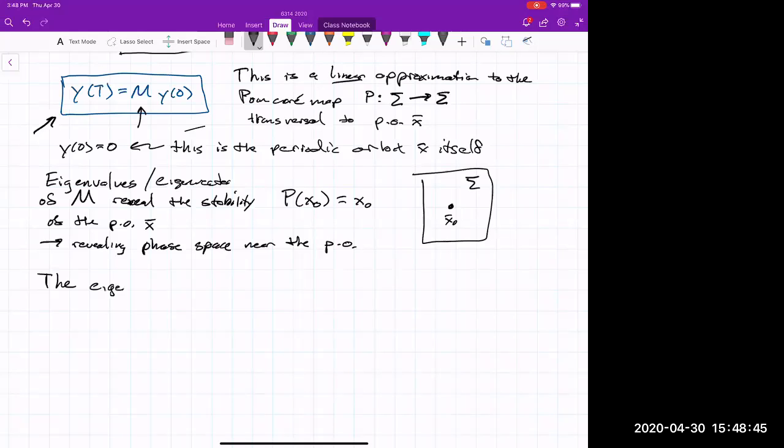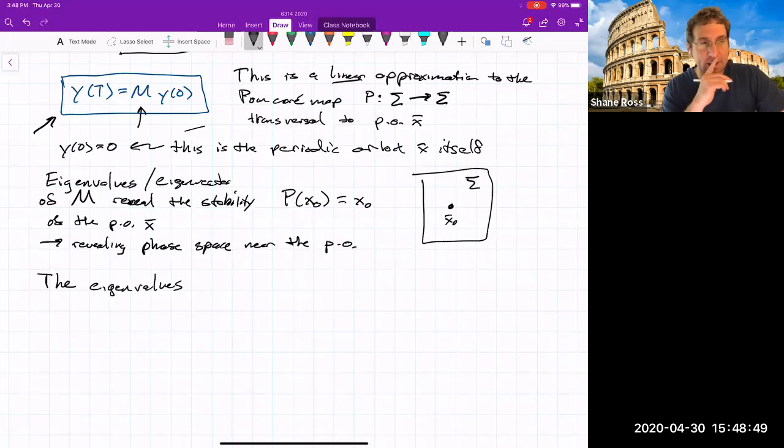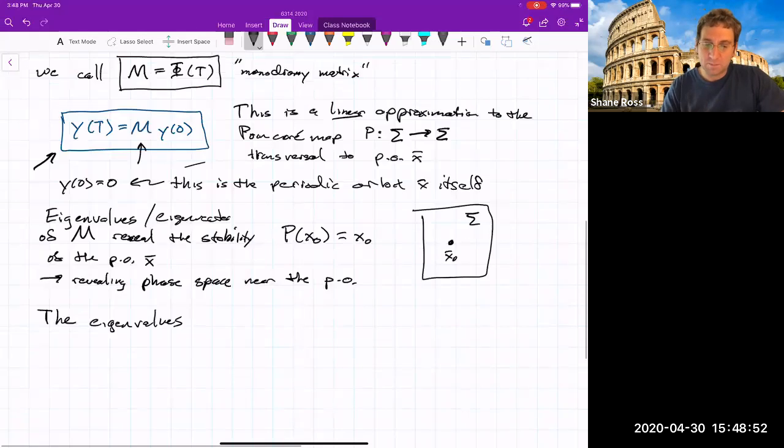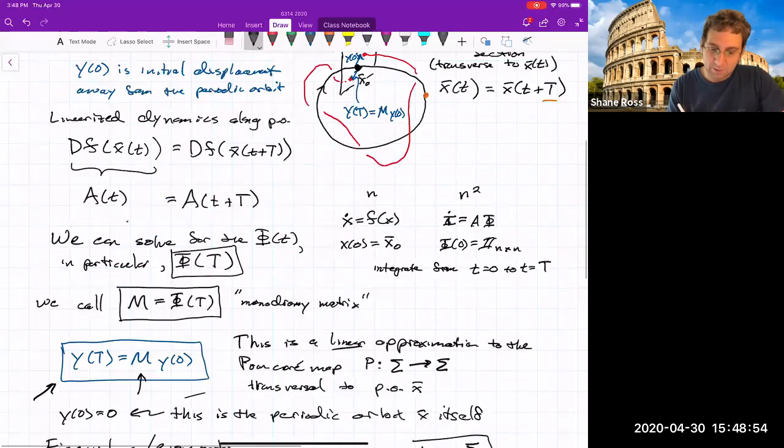But yeah. He did something more general about solving ODEs of the form x dot equals A of t x for periodic A, which is basically what we're doing here, but we're couching it in this Poincaré section language.